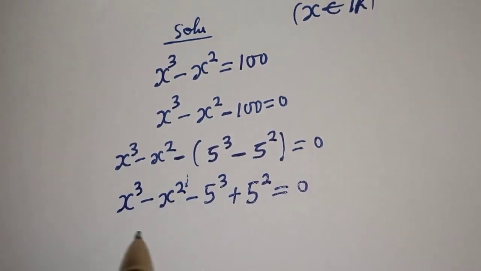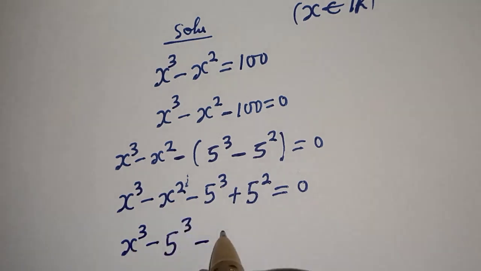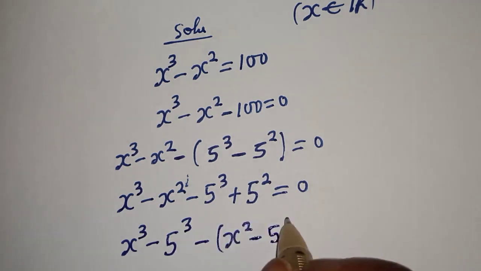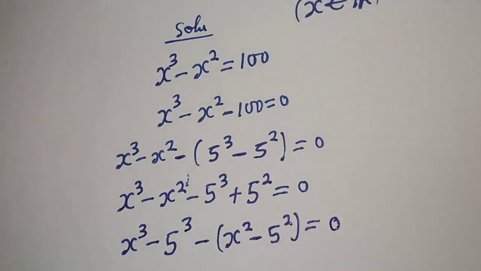Let's compare this. Here is s raised to power 3 minus 5 raised to power 3, minus this, s squared minus 5 squared, is equal to 0.